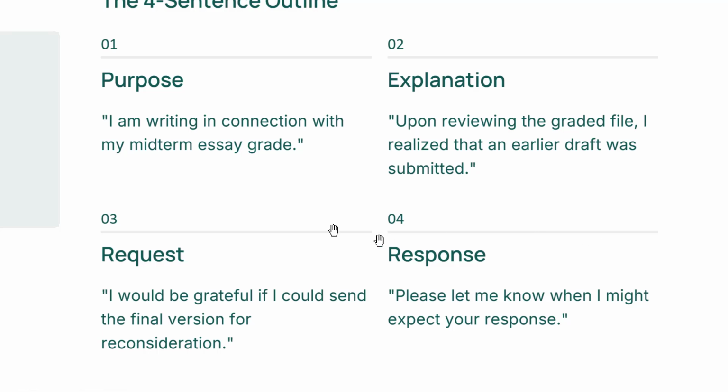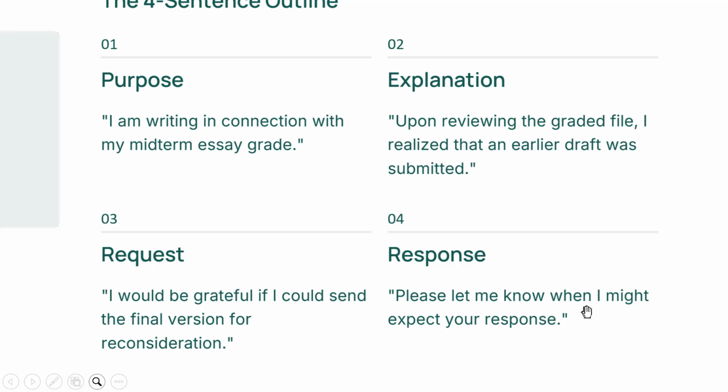For example, here we mentioned the purpose. I'm writing in connection with my midterm essay grade. Then explain it. Upon reviewing the graded file, I realized that an earlier draft was submitted. I would be grateful if I could send the final version for reconsideration.